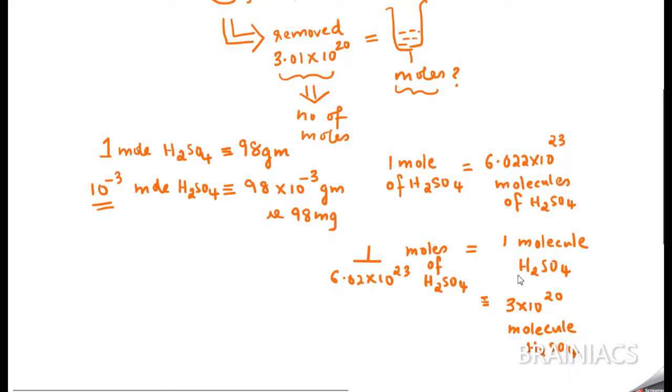Do the same on the LHS, so this becomes 3 into 10 power 20 divided by, approximating, 6 into 10 power 23 moles of H2SO4.